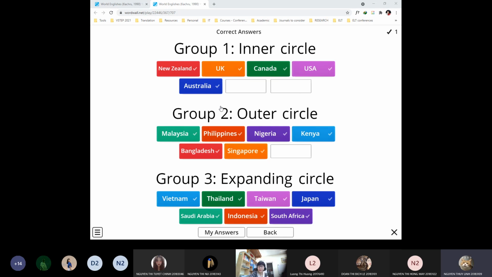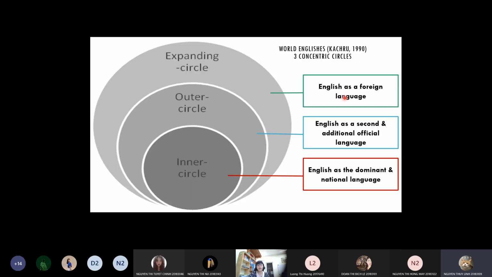I think Vietnam moving from the expanding circle to the outer circle is quite hard. Remember that we are talking about the official status, and the official status can only exist with the permission from the government, right?